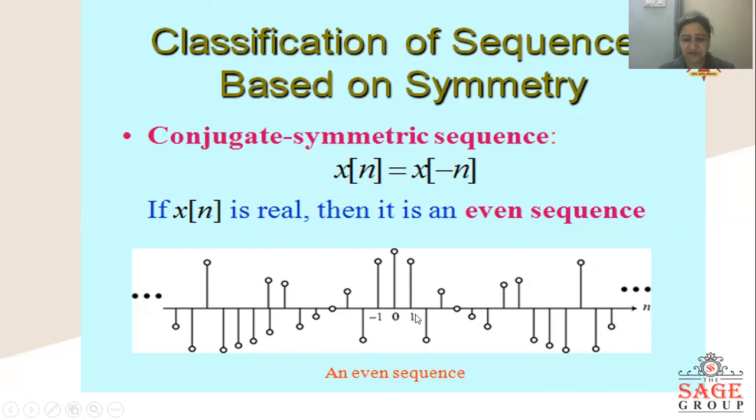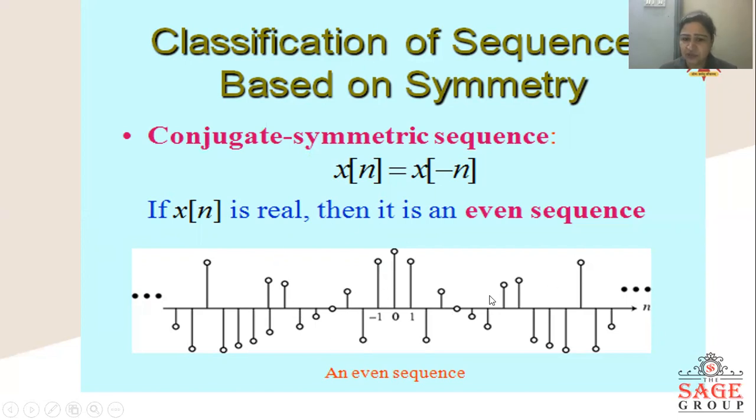Here in this graphical representation, we can see that the signal value at n is equal to 1 is the same as the value at n is equal to minus 1. Then we have n is equal to 2. The value is the same as at n is equal to minus 2. Similarly, at n is equal to 3, the value is the same as at n is equal to minus 3.